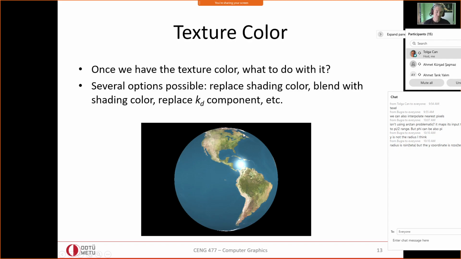We can blend it with shading color by adding it as a new option, just like the reflection part. For mirror reflection, we were adding it as the fourth parameter. We can also blend the texture color as a new fourth attribute, or we can replace the diffuse color completely, or we can replace the diffuse reflectance coefficient.